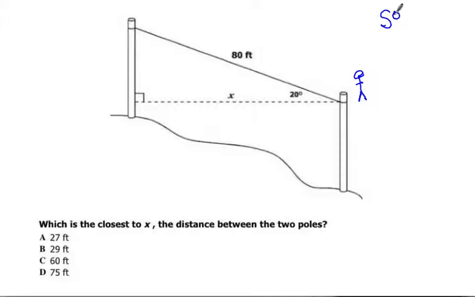Some old horse caught another horse, taking oats away. All right? We're standing here at 20. Our hypotenuse is 80. Adjacent is x because you always stand between h and a. And opposite is on the opposite side. So h and a is what trig function?